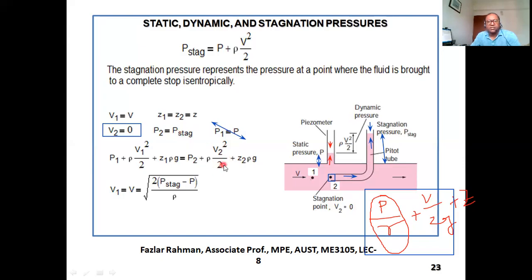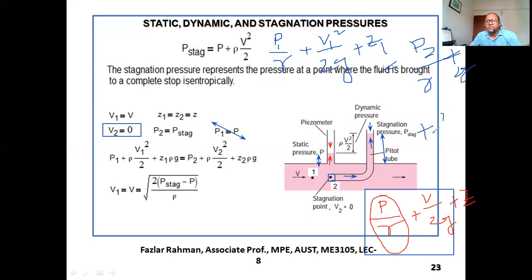Now you apply Bernoulli's equation on both sides. Then what will you get? P1 by gamma plus V1 square by 2G plus Z1 equal to P2 by gamma plus V2 square by 2G plus Z2, right?